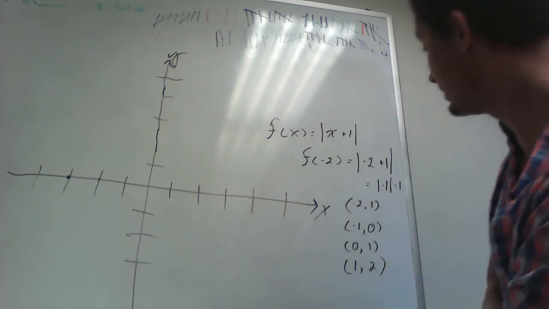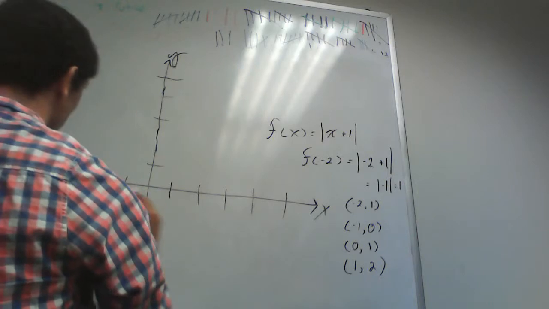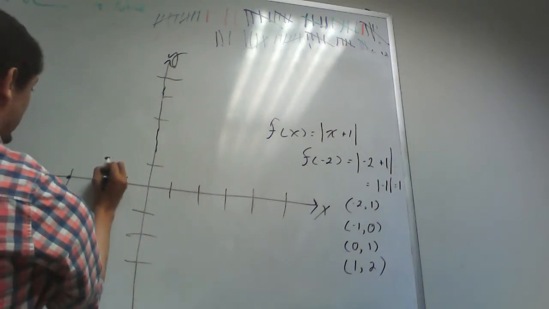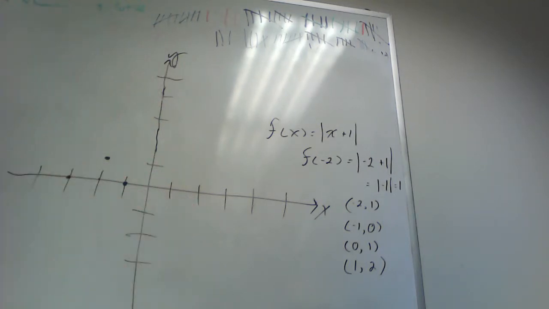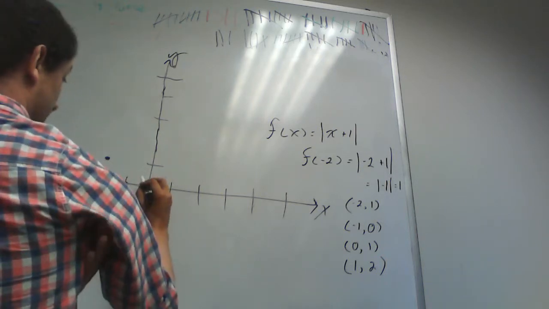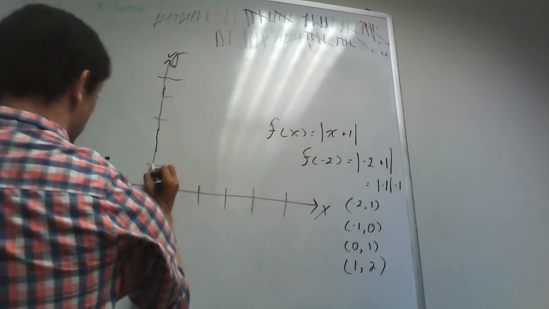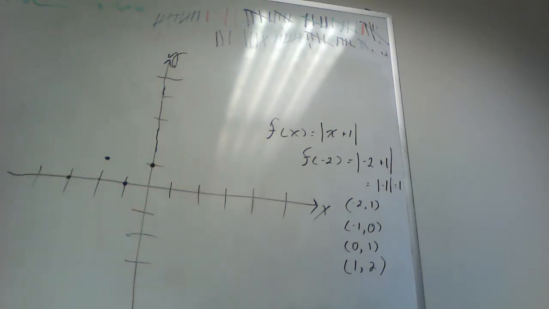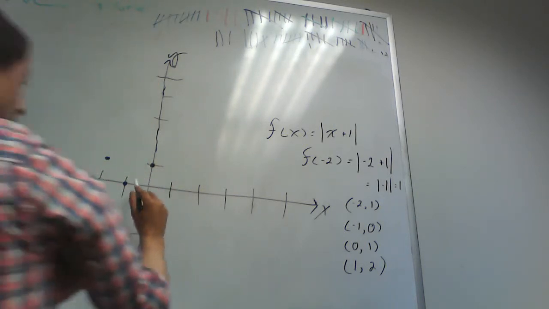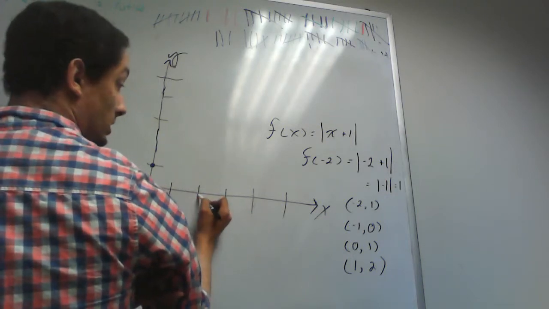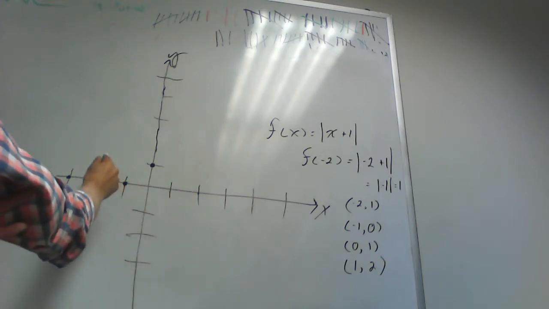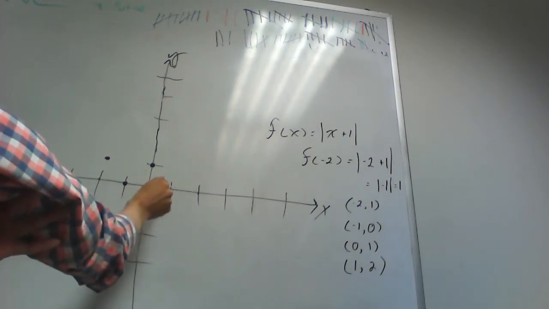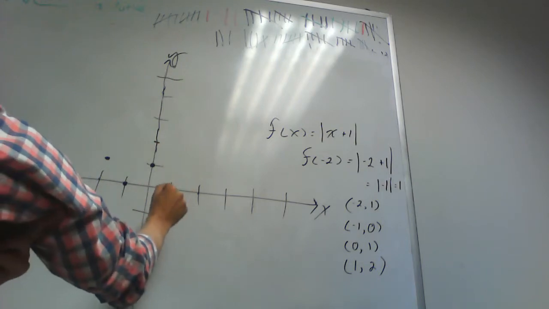Yeah, so then you would plot those. And so negative 2 and 1, that's about here, right? Negative 1 and 0, it's about here. 0 and 1, that's going to be here. 1 and 2, I guess that'll be here.